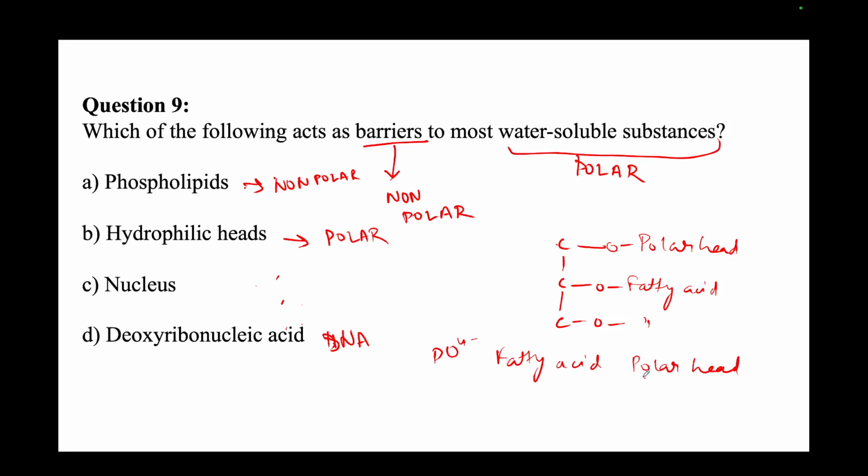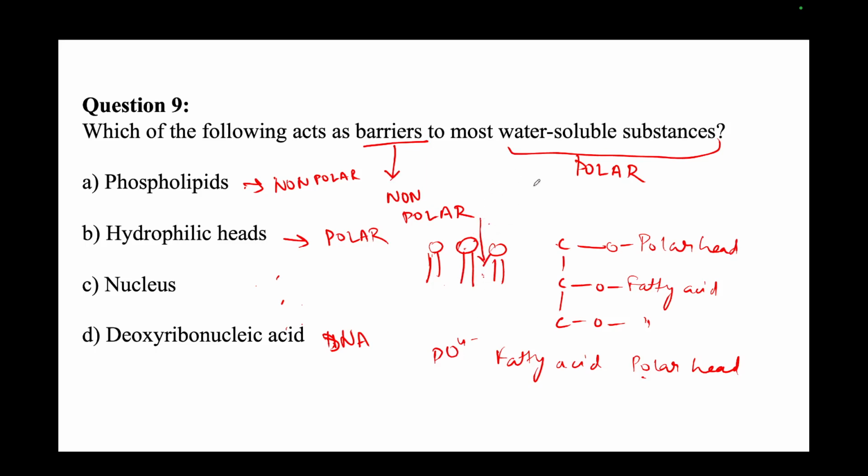The polar head group will interact with the aqueous phase and the non-polar fatty acid will interact with the non-polar environment. So if these phospholipids make the membrane structure, it will form a barrier because water can interact with this part, but water cannot interact with this part of the membrane. So water soluble substances cannot pass through that.